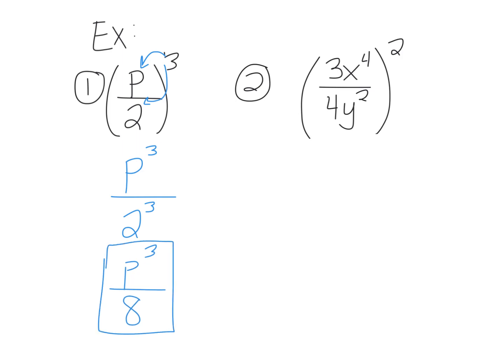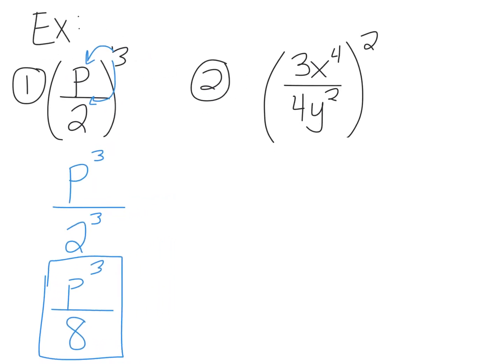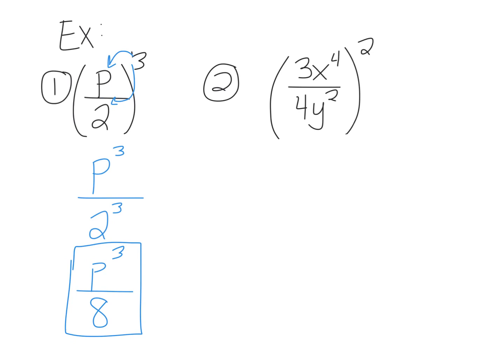Good. Number 2, we got a little more going on. What do we think? What am I going to do with that power on the outside? Take it to every term. So when I take that to the 3, it is not 3 times 2. It is still 3 squared. What would my new exponent be on the x?